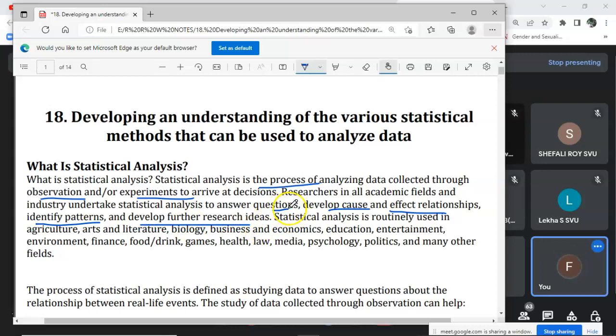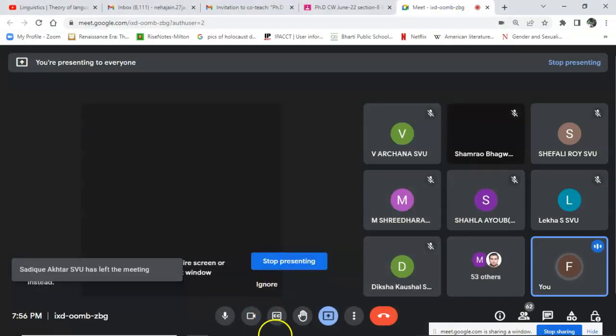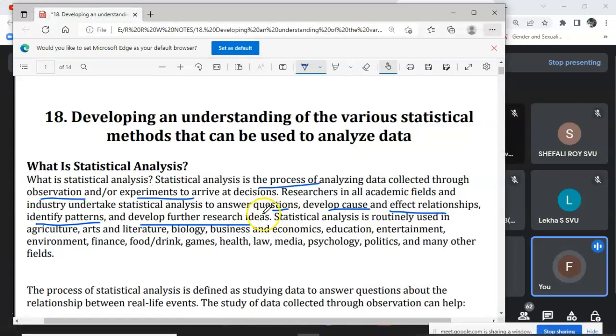Basically, in statistical analysis we have to answer questions like what the data is all about, what the cause and effect relationship of the data is, what pattern you have identified in the complete research topic, and develop further research ideas. You also have to work on how the particular topic is working and how we are doing the analysis.